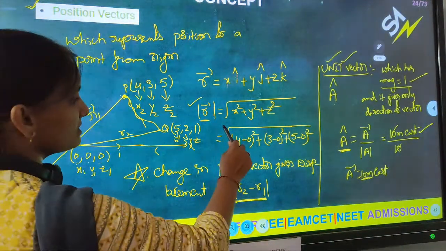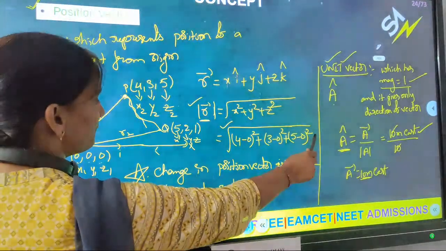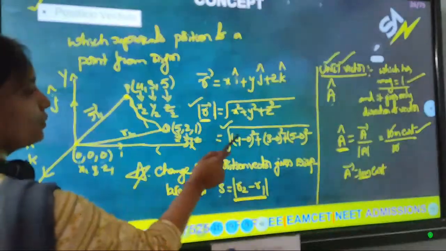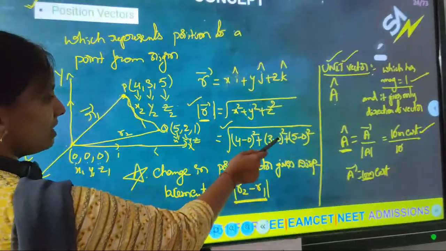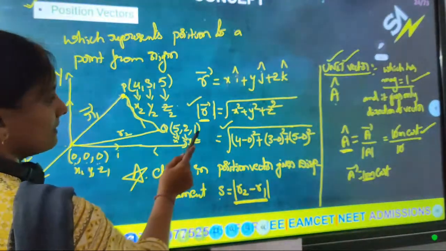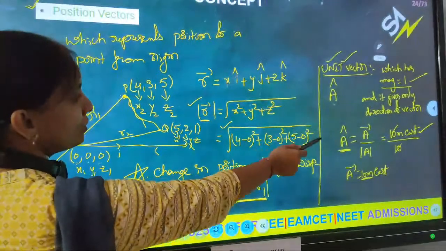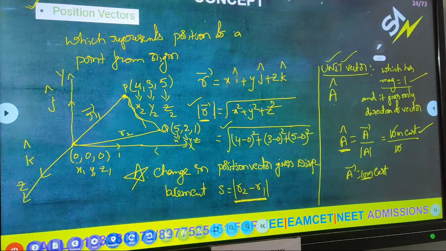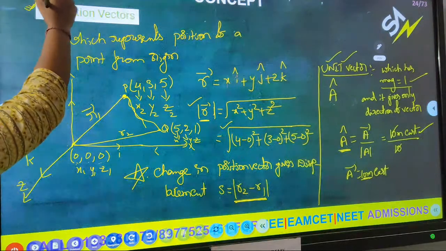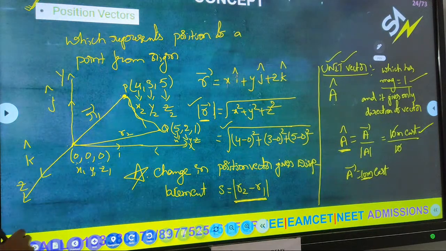That is the square root of 5 minus 4 whole square plus 2 minus 3 whole square plus 1 minus 5 whole square. That gives the displacement of the particle. So this way we can calculate the position vector, which gives the position of a point from the origin.